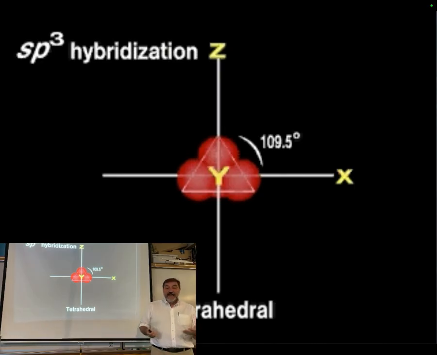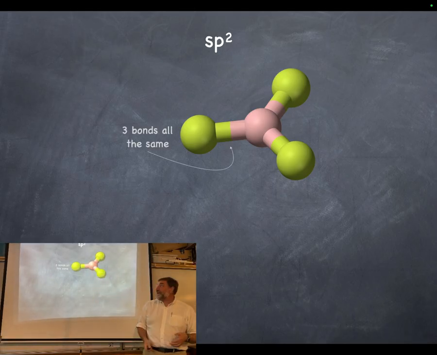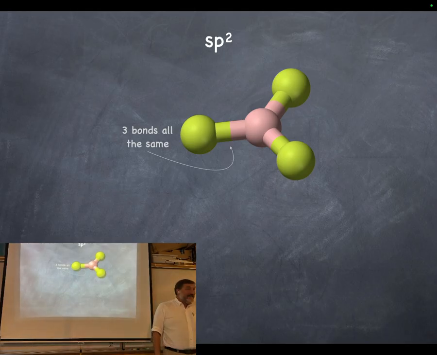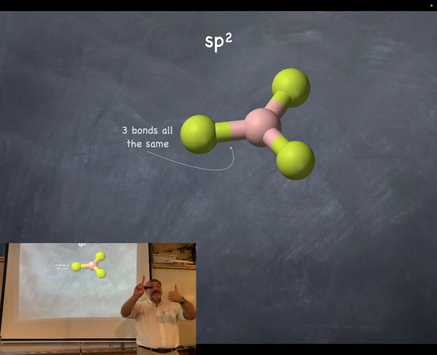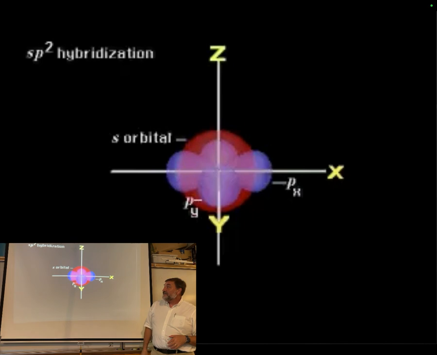So, for instance, if I'm going to have a trigonal planar shape where I have three equivalent bonds, three bonds that are all the same, you can mathematically get that by taking an s orbital and combining it with two p orbitals. You mix them together and you get three orbitals, three bonds that are all in a flat plane.